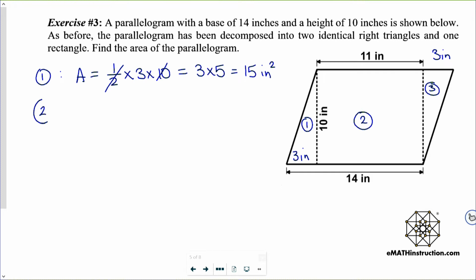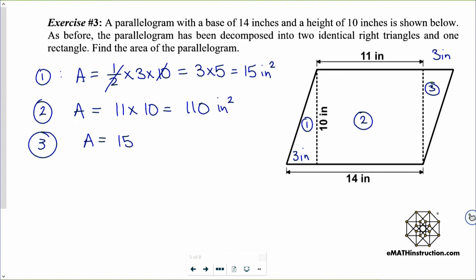All right, for figure 2, its area is just that rectangle, which is going to be a base of 11 inches times a height of 10 inches, and that's going to be 110 square inches. And the triangle for figure 3 is going to have the same area as 1 because they're identical, and that's going to be 15 square inches.